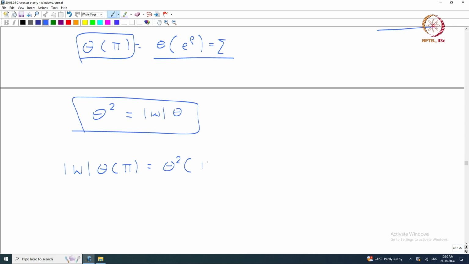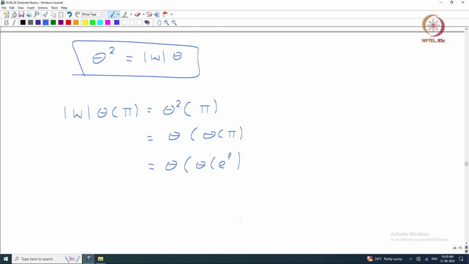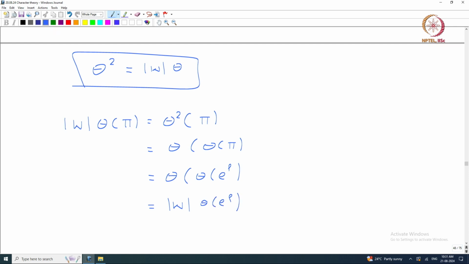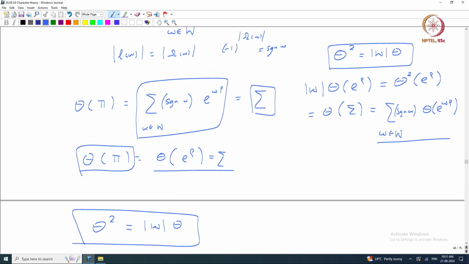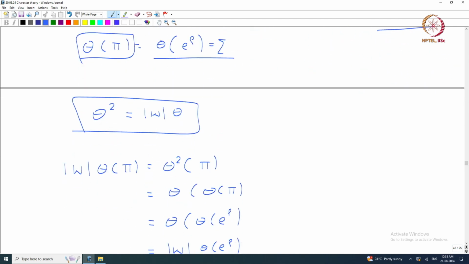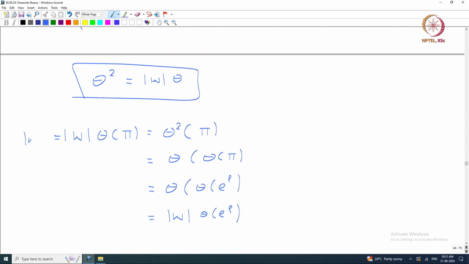So, this is theta square of pi, which is theta of pi, which is the same as theta of e power rho. Okay. So, which is going to give you exactly the cardinality of W times theta of e power rho, which we have already. But what is theta of pi, which is sigma? So, here you have sigma, the cardinality of sigma. So, that is fine. So, what we need to get is actually pi.